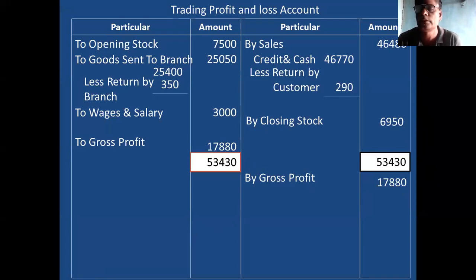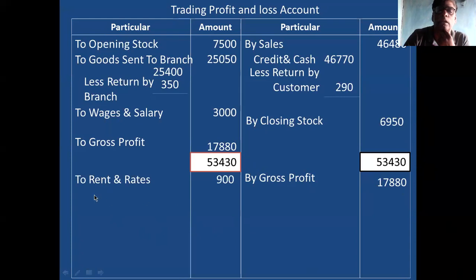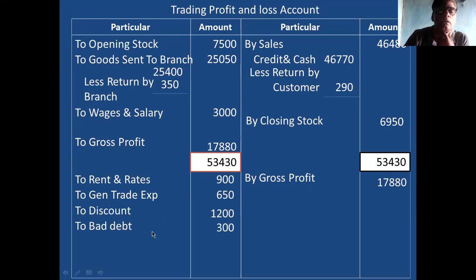There are only expenses. First is rent and rates, 900. Second is trade expense, 650. Third is discount. Fourth is bad debt. And fifth is allowance. There are 5 expenses. Okay, you take these expenses.